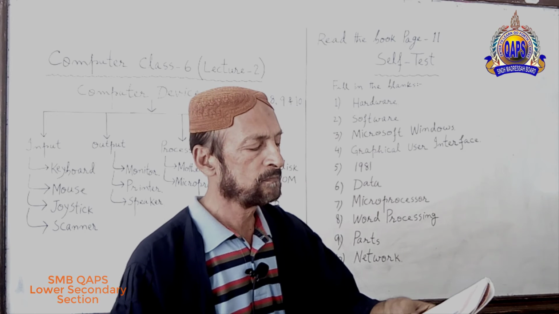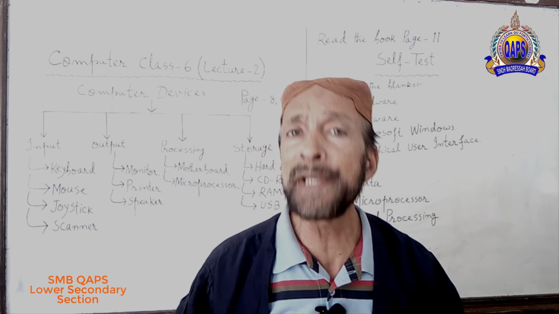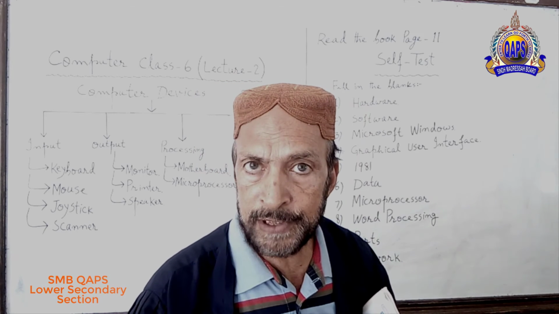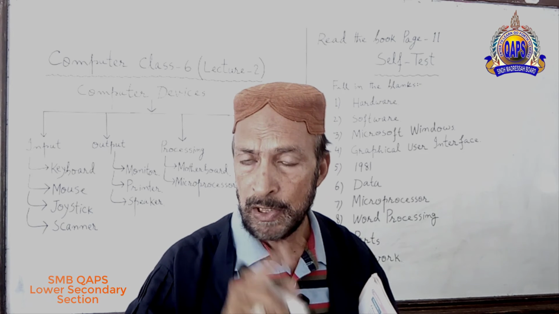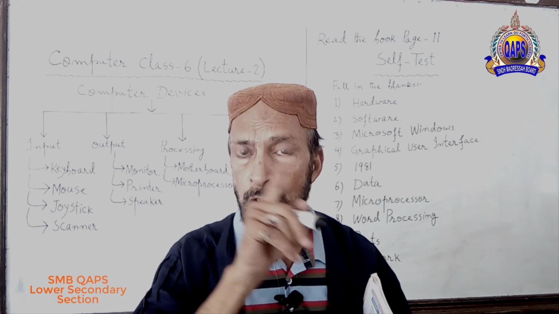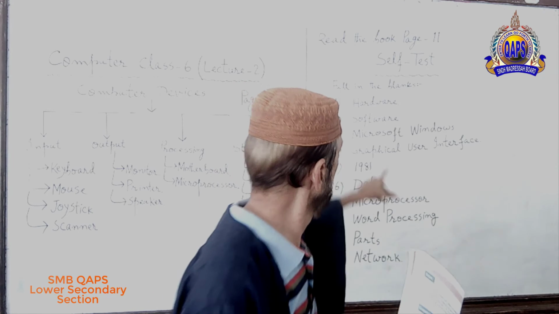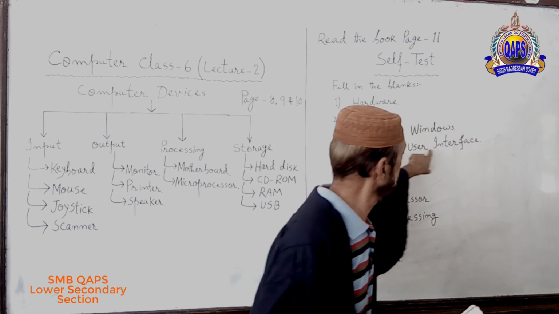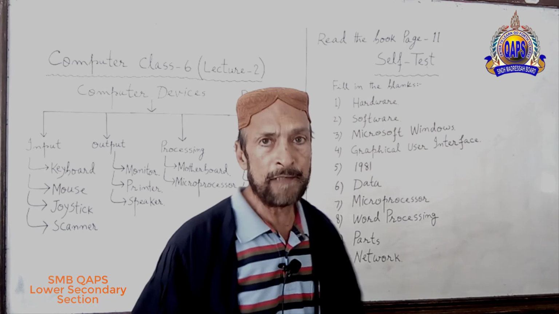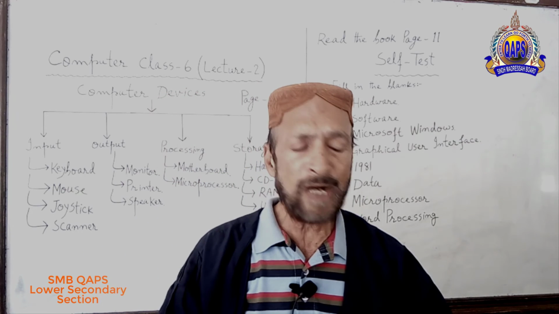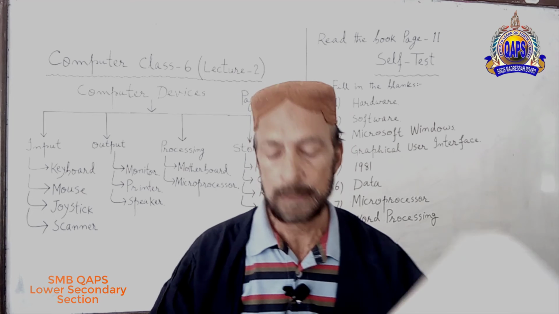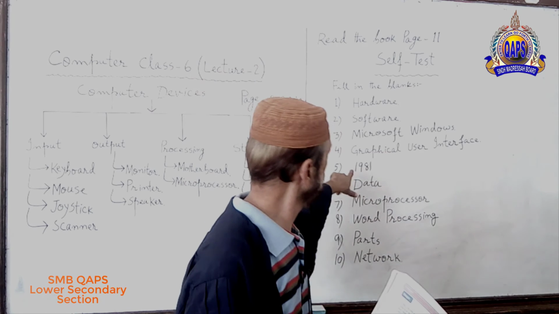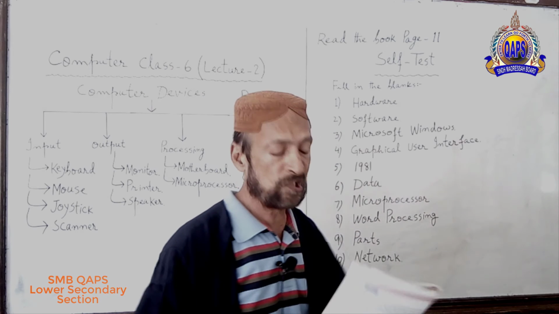Number 4, GUI stands for Graphical User Interface. GUI. Number 5. DOS was introduced in 1981.